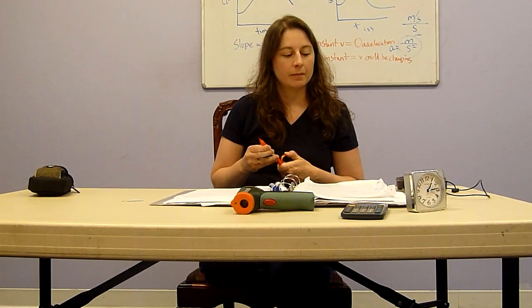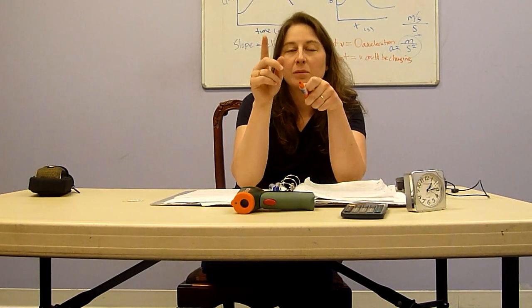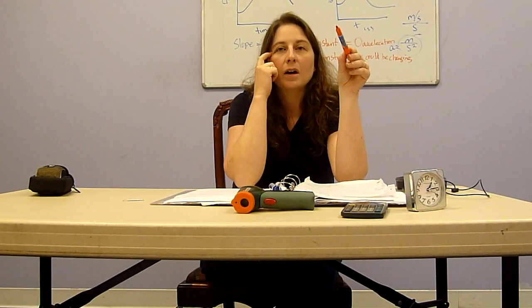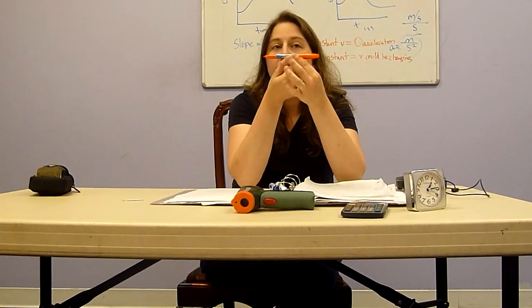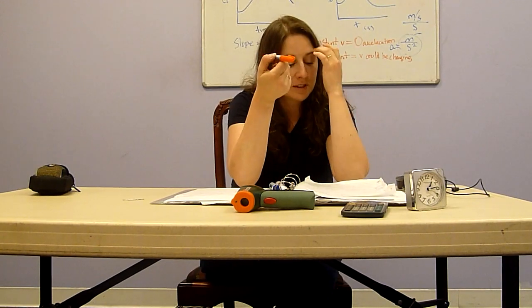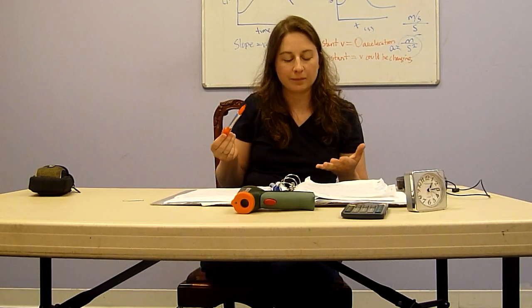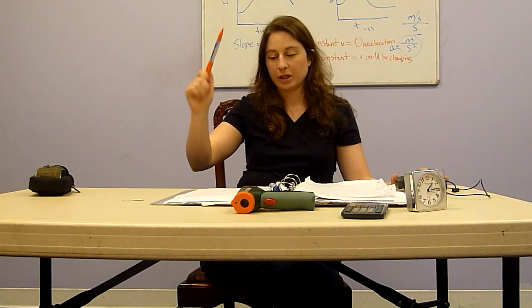It would be dynamic rotational, as long as the sum of all torques is 0. The sum of all torques has to be 0 for rotational equilibrium. If the sum of all torques is 0 and it's rotating, then it's in dynamic rotational equilibrium.